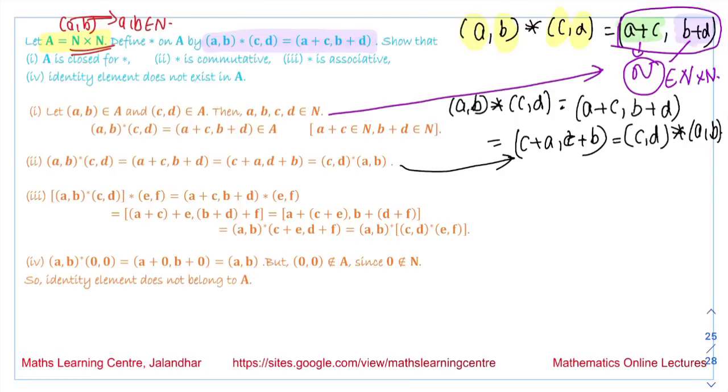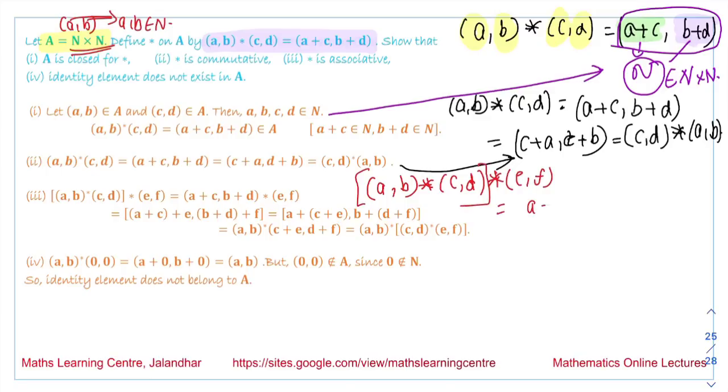Next we have to prove that this is associative. So we are writing A comma B star C comma D star E comma F. We have put brackets over here.